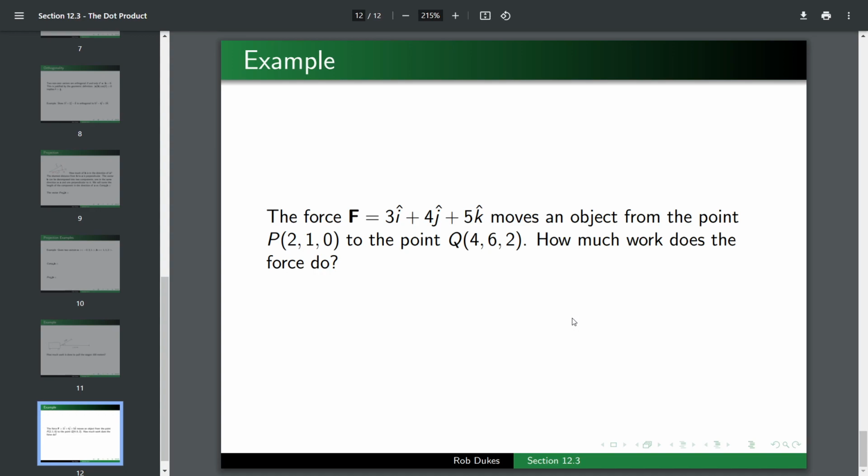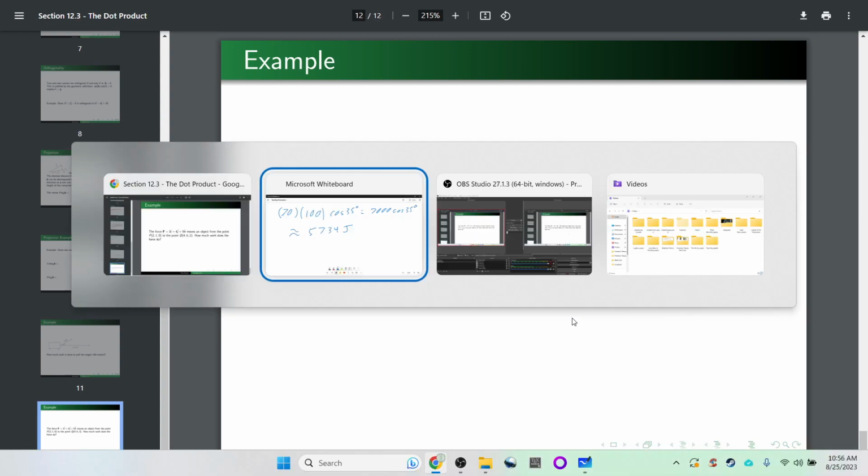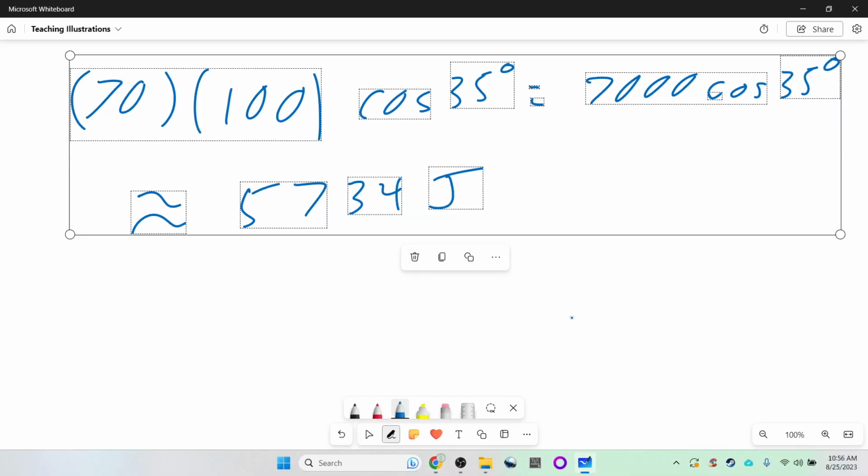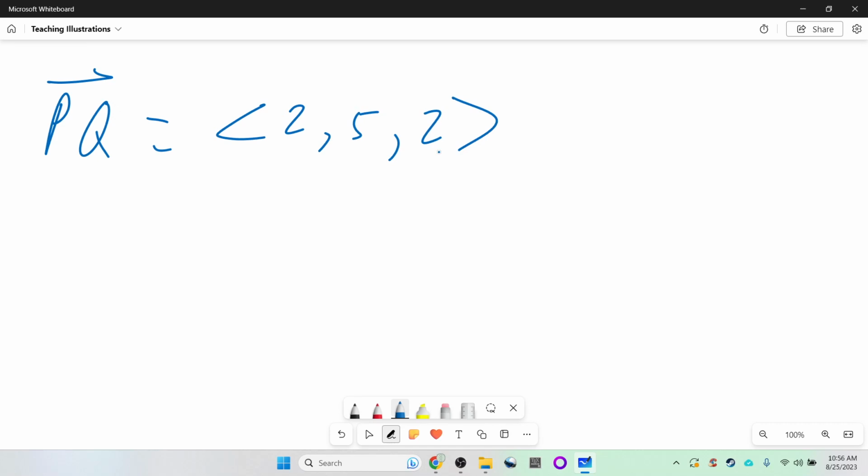Well, we've got a vector for force. We need a vector for distance, but we know how to do that. We just subtract P from Q. So PQ is 2, 5, 2.